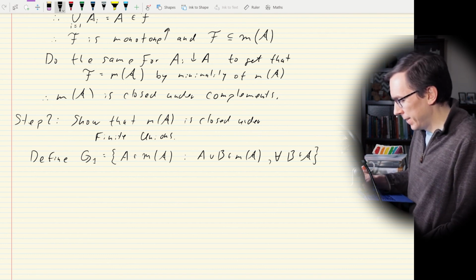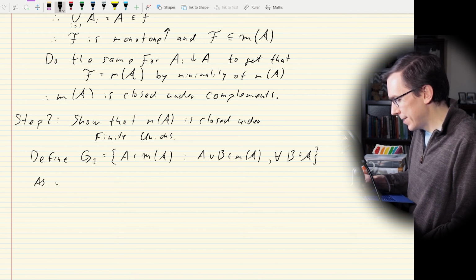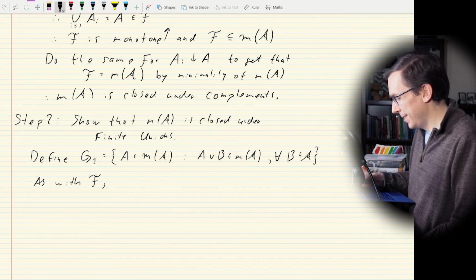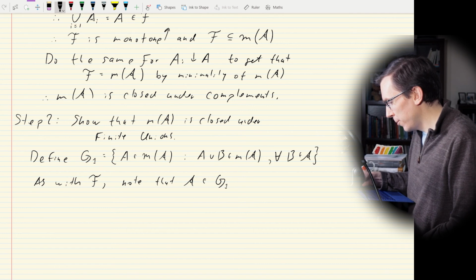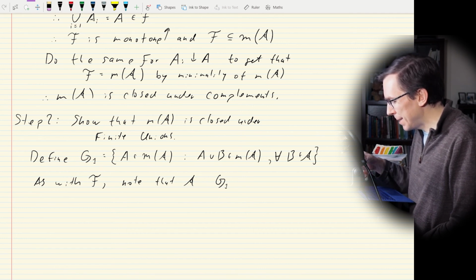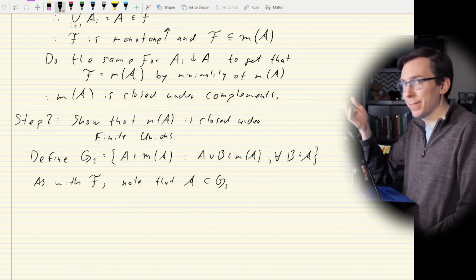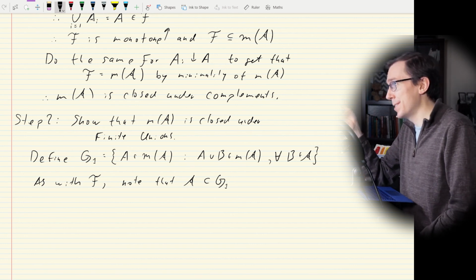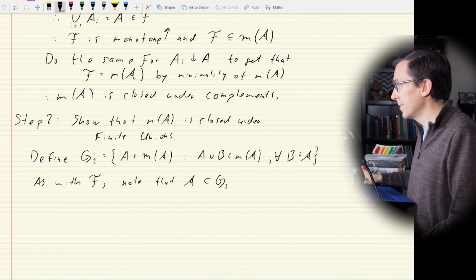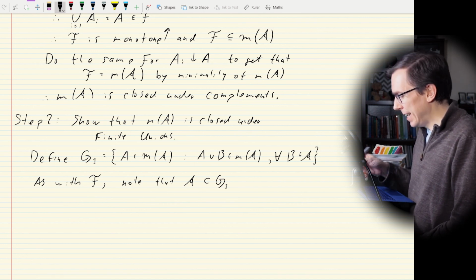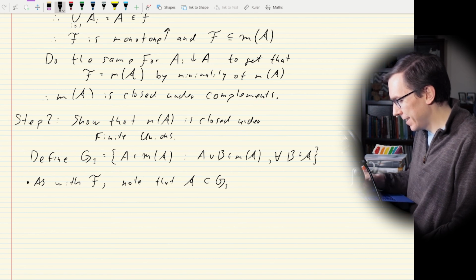So we'll say, as with F from above, we note that A is contained in script G1, not an element of. I keep doing that. It's a subset of. And this is, again, A is a field. So, of course, you can take finite unions of elements within a field, still a field. And second, A is in there.